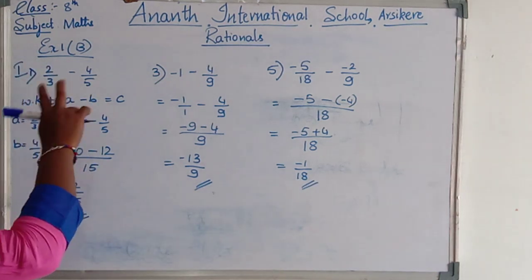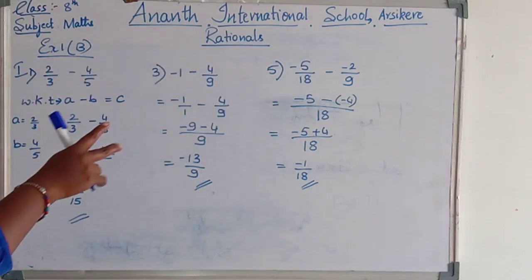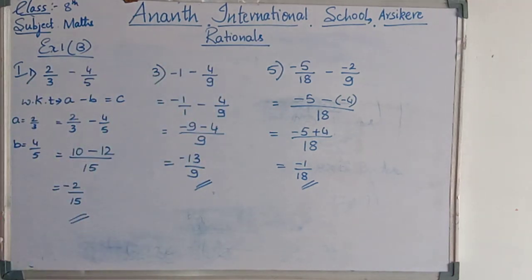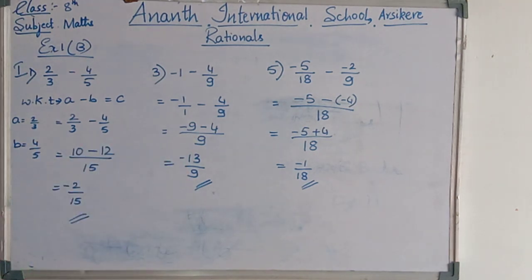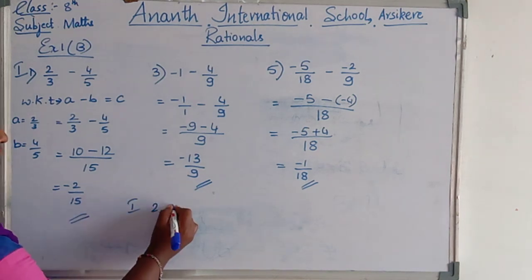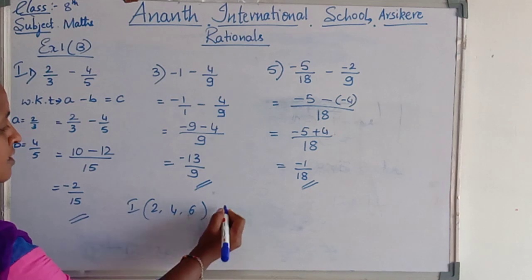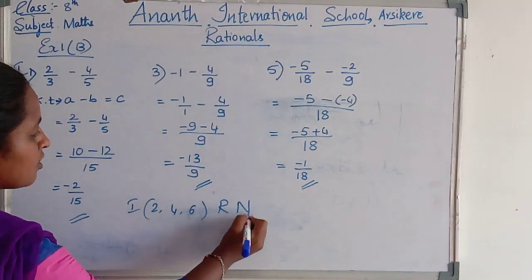When you do subtraction of two rationals, you will get a new rational. In the same exercise you have another 3 problems, that is 2, 4, 6. Do these 3 sums in your running notes.